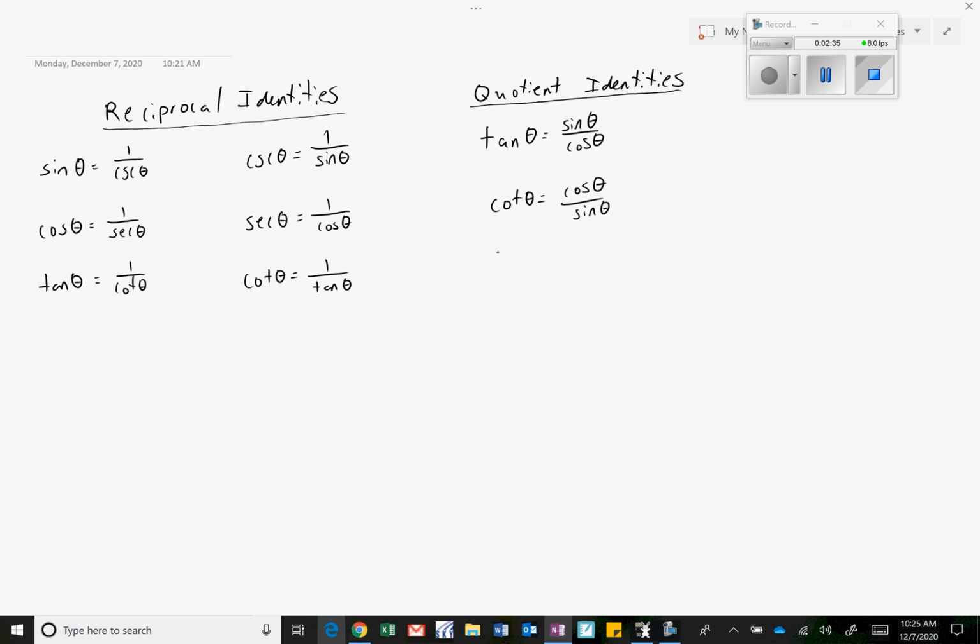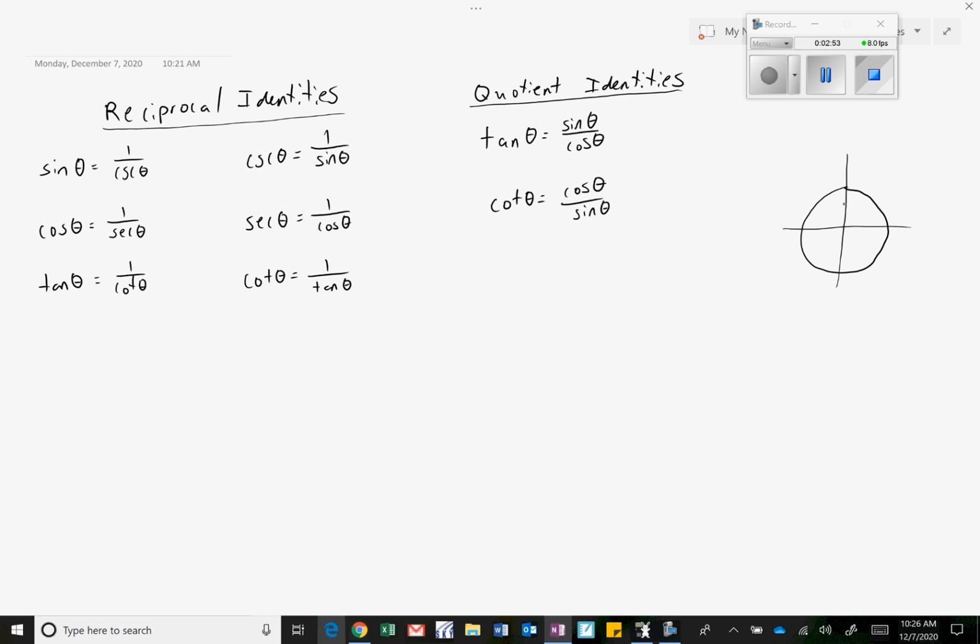There are a couple more, which of course can be derived. So I'm going to derive one of them real quick over here. So if you remember way back when we did unit circle stuff, sketch a little circle here.